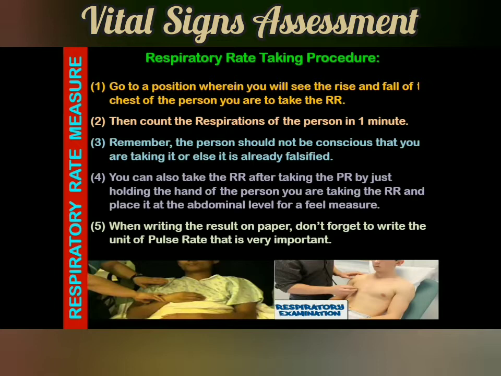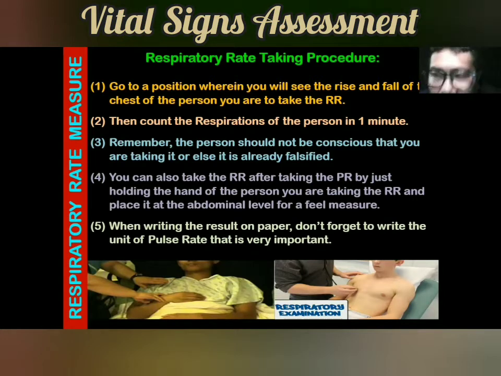Now, let me clarify it here. When you are taking the pulse rate, the patient cannot alter it because it's the heart that controls the pulse rate. But when you are taking the respiratory rate, the person can actually alter the respiration.